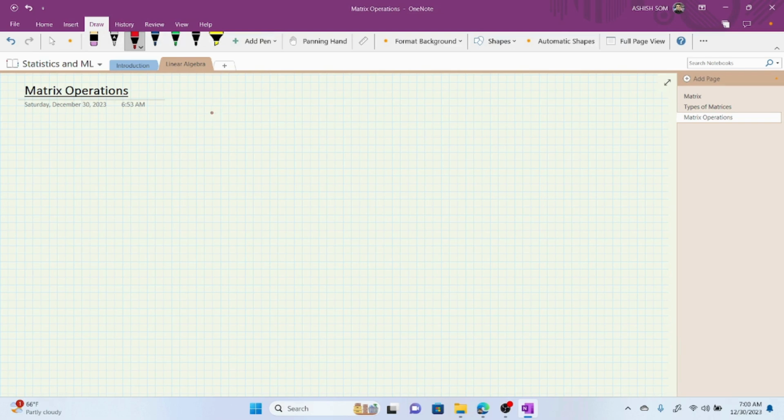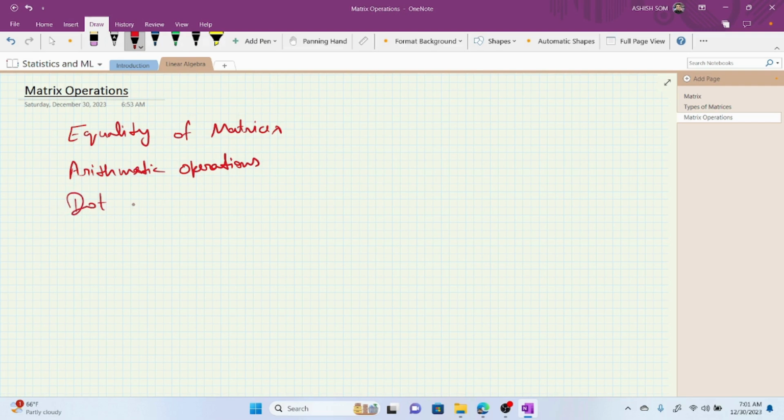Hello friends, in this session we are going to see what kind of matrix operations we can perform. Here we are going to talk about equality of matrices, then we will be discussing the arithmetic operations on matrices, then we will be learning dot product, and then we will be learning the inverse of a matrix.